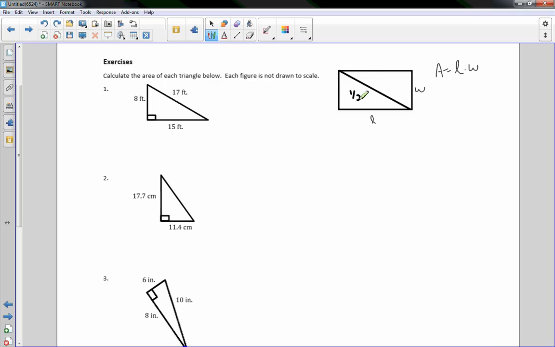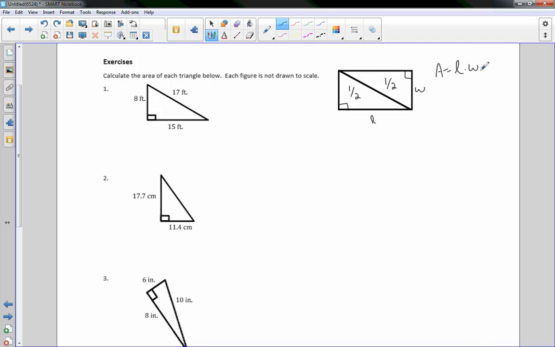Well, that's a half. This is a half of the rectangle, and this is a half of the rectangle. A rectangle we know has right angles, and so it's a right triangle when I cut it in half. And this is also a right triangle up here.